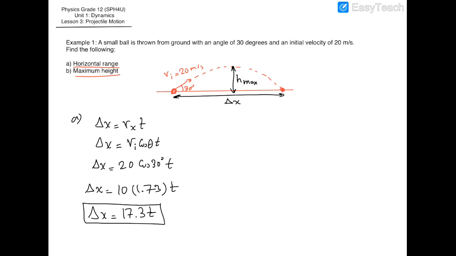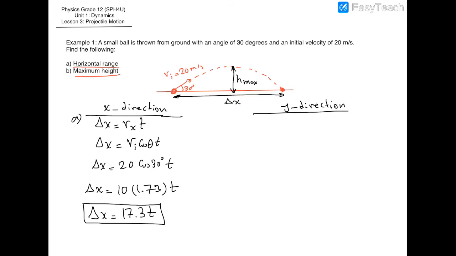So this formula, as I mentioned, was in the x direction. So could I solve what the question was asking me? No, because I need to find t. So if you need t, that means you have to use the y direction as well, and see what we can do in the y direction.